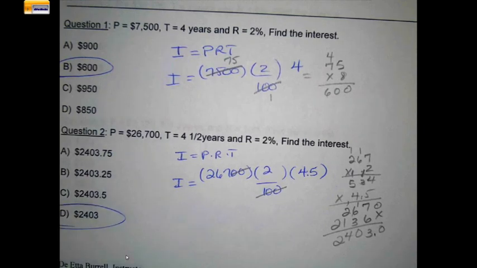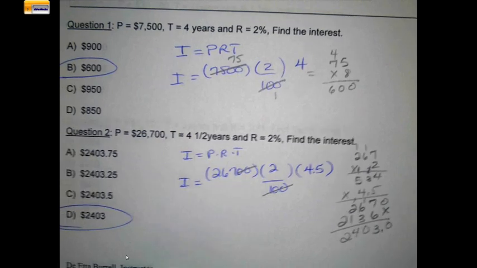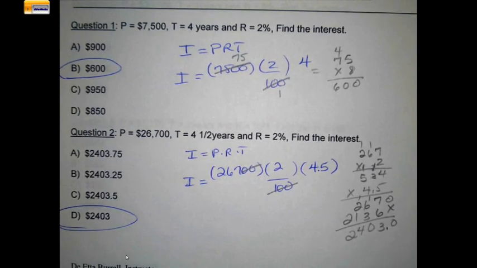What did you guys get when you did that one? When you took 26,700 times 2% times 4.5. Did you get 2,403? You did? Okay.